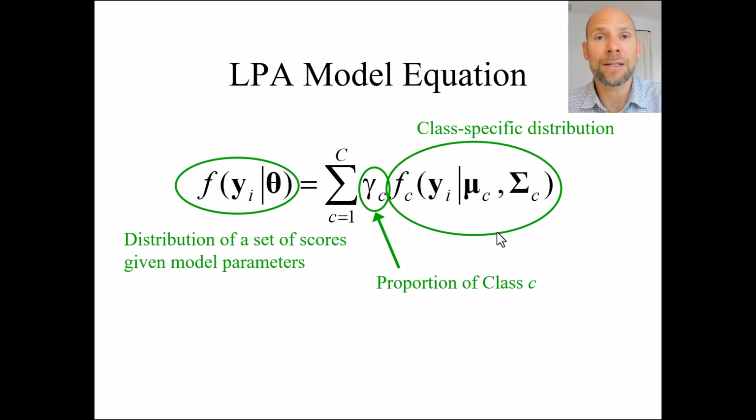And then the variances can either be held equal across classes, which some programs do by default, like Mplus, for example, or the variances could be freely estimated across classes in the same way as the means are usually freely estimated across the different classes. So that's what the LPA model looks like.